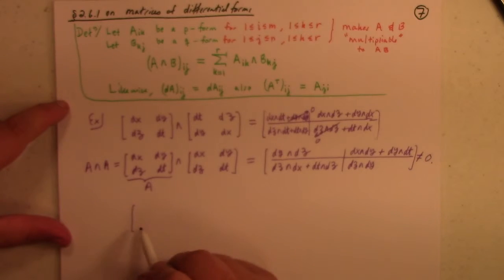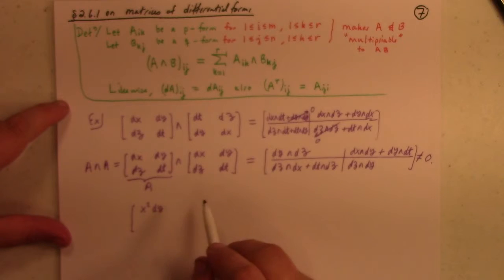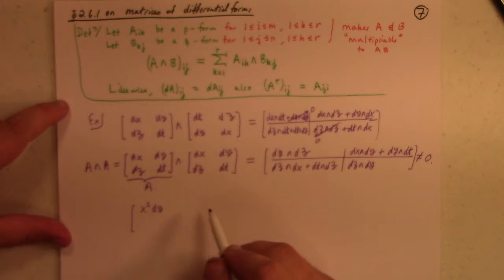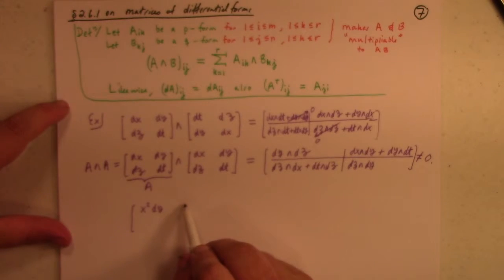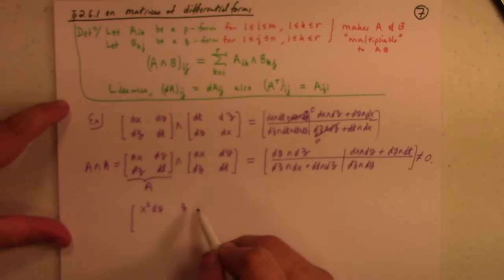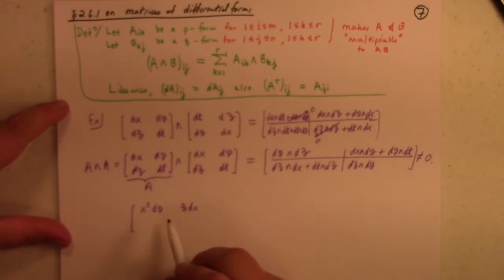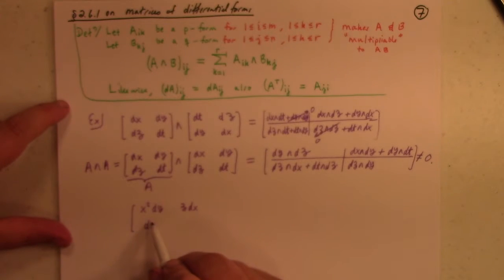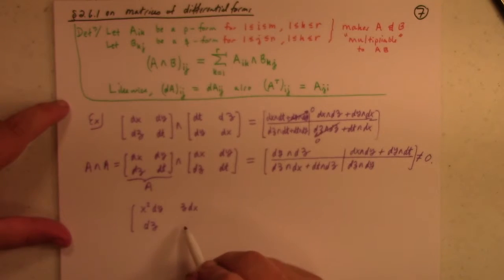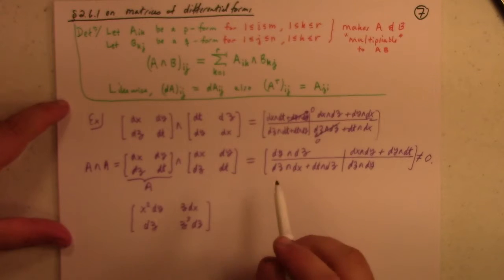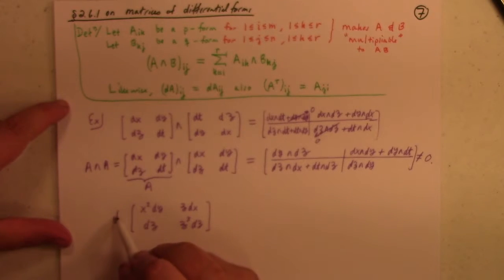Finally, let's see here. If I have x squared dy, z dx, and then dz, and finally z cubed dz. We can calculate the exterior derivative of such a form.